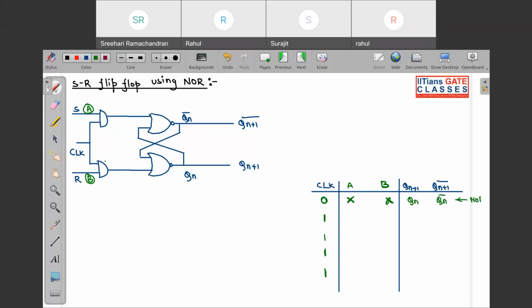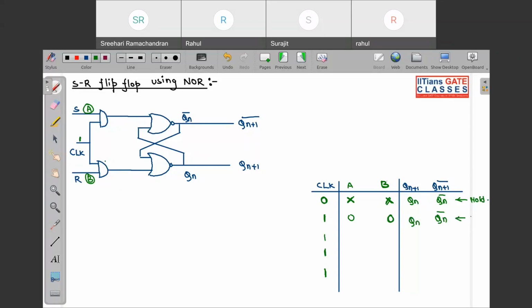Now assume your clock is 1 and A is 0, B is 0. As this is an AND gate, again we get 0 over here and 0 over here. Whenever the input to the NOR latch is 0, 0, we have hold state.